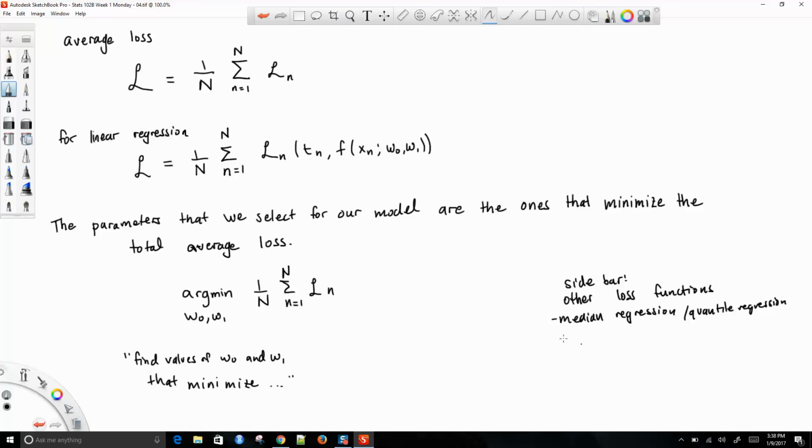That minimizes the absolute values of residuals rather than the squared residuals. Okay. And we kind of favor dealing with squares rather than absolute values because the absolute value function has a non-differentiable point, right?